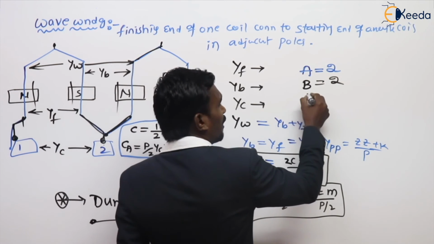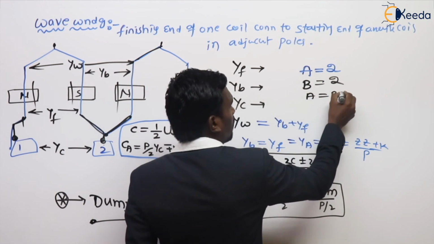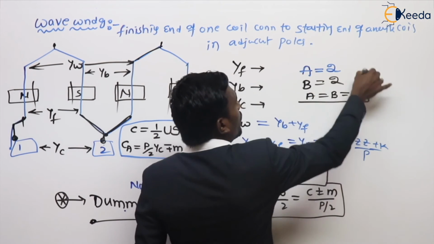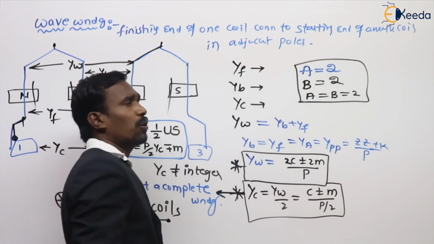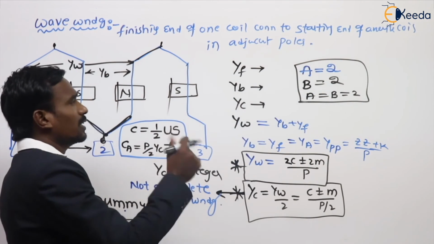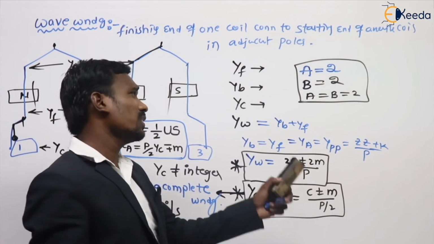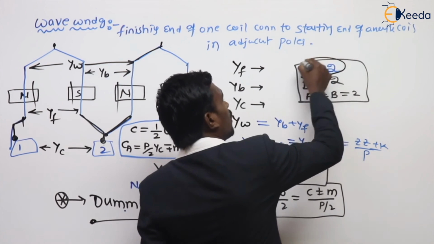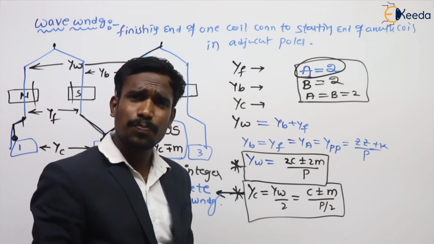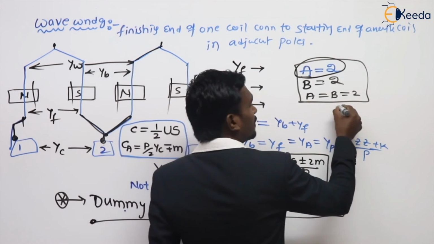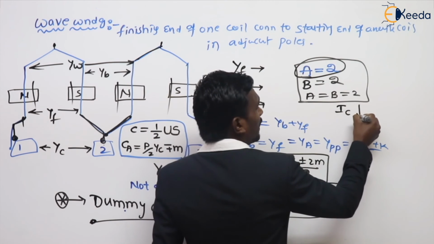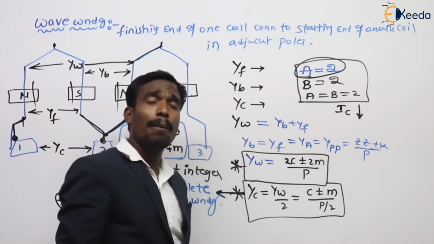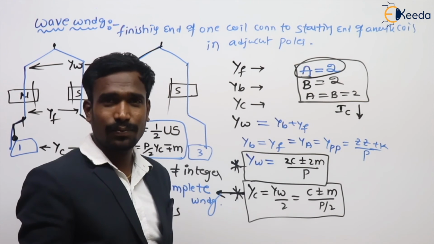So the number of parallel paths is equal to the number of brushes, equal to 2, irrespective of the number of poles. Based on that, we can make the answer. These are very important. In wave winding, the number of parallel paths is less. If the number of parallel paths is less, the circulating currents are also very small compared to lap winding.